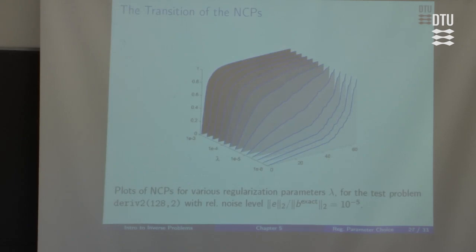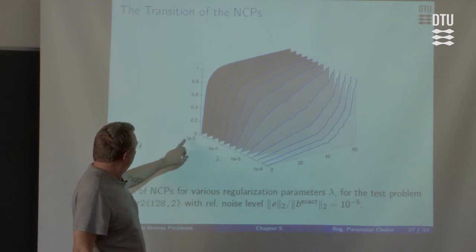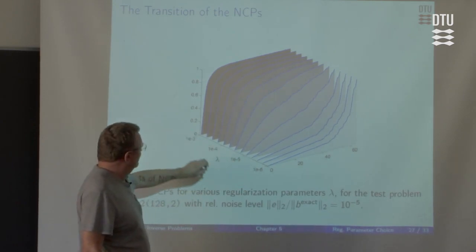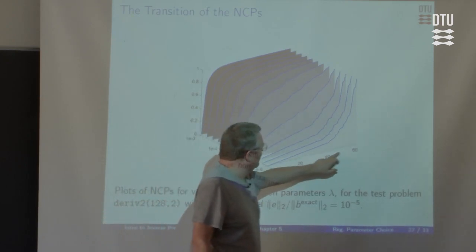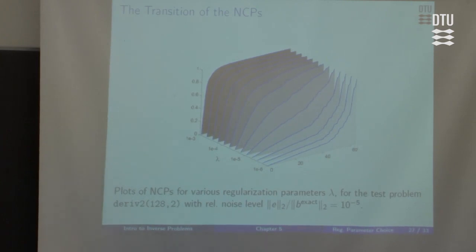So back to the regularization test problem here, where we compute Tikhonov solutions for various values of the regularization. You can see different values of lambda here along this axis, and what we have along here are the components of the Ncp vector.